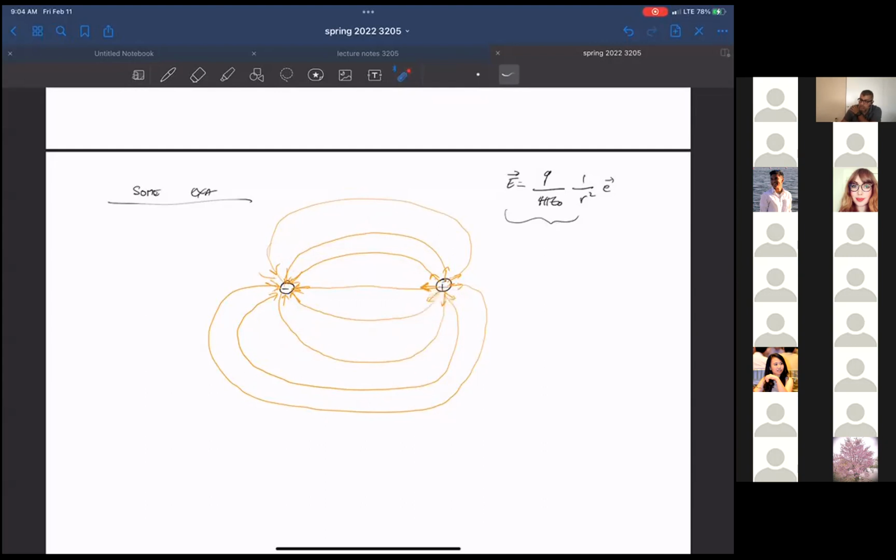So if I put a charge here, it's going to initially get pushed really hard, and then it's going to slow down. The push will be less. Whereas if I put the test charge here, it's going to get a really small, tiny push all the way around until it gets around here.